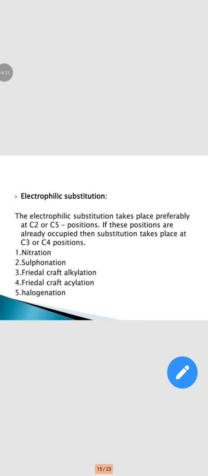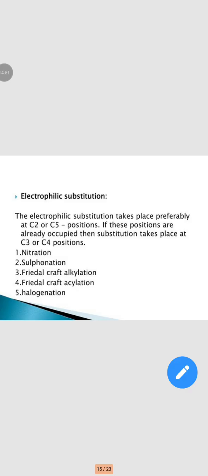Then electrophilic substitution reactions. Electrophilic substitution takes place preferably at the C2 or C5 position. If these positions are already occupied, then substitution takes place at the C3 or C4 position.